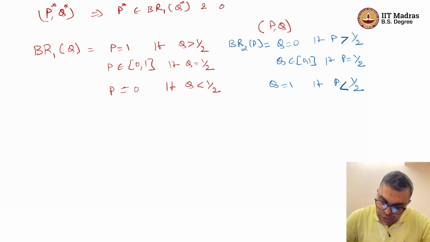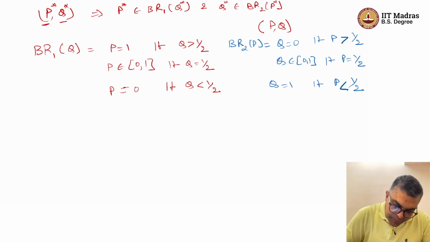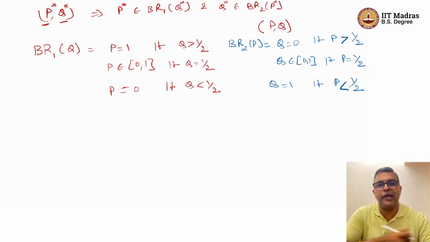Also, Q star happens to be one of the best responses coming from player 2 when player 1 is playing P star. It's exactly the same. The only difference is that now, in place of pure action, we are also allowing for mixed action.